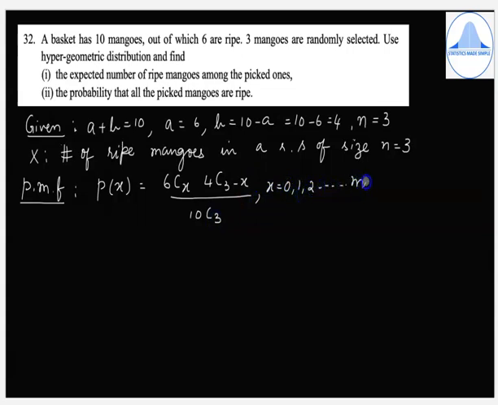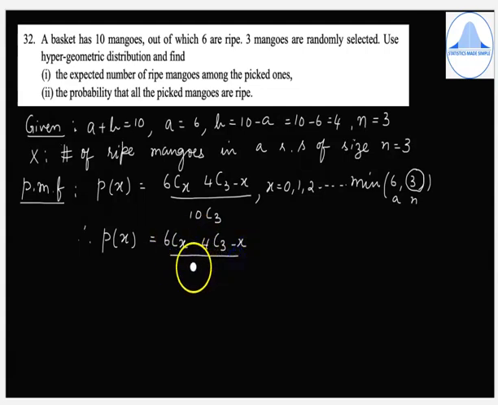It is minimum of A comma N, so 6 comma 3. So this is A and this is N, and the minimum of these two values is 3. Okay, so we get P of X is equal to 6CX 4C3 minus X divided by 10C3 is 120, and X takes values 0, 1, 2 and 3.